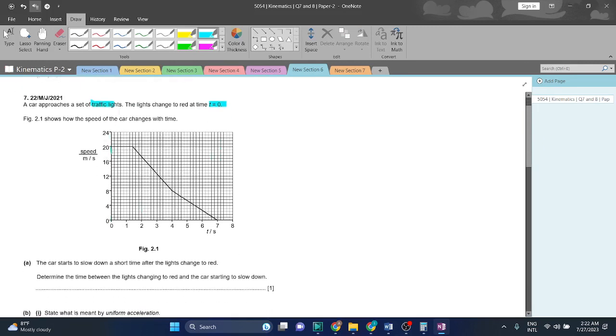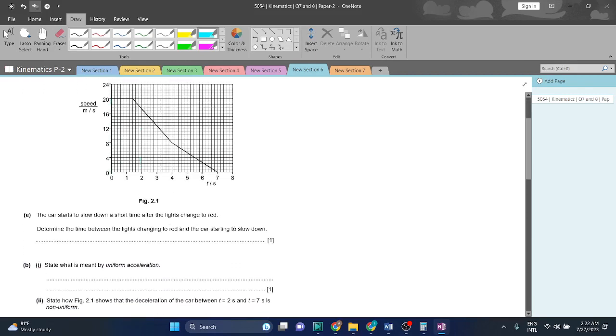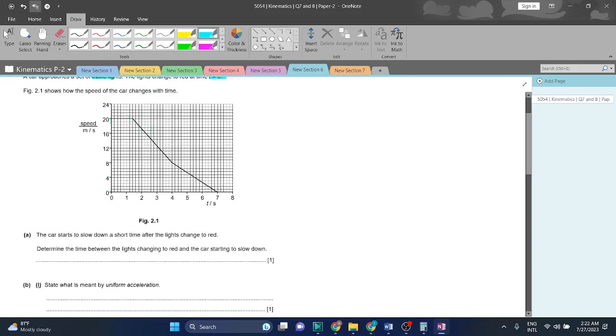So here the thinking distance will be from here to here, okay? And after that he starts to decelerate because he realizes that there is a red light. The car starts to slow down a short time after the lights change to red. Determine the time between the lights changing to red and the car starting to slow down.